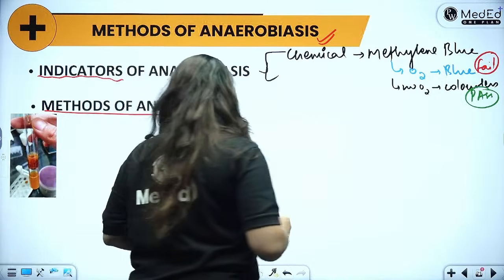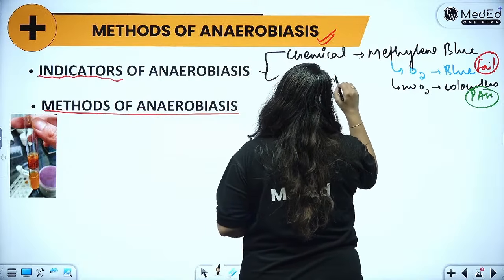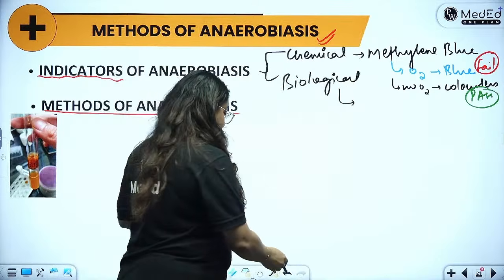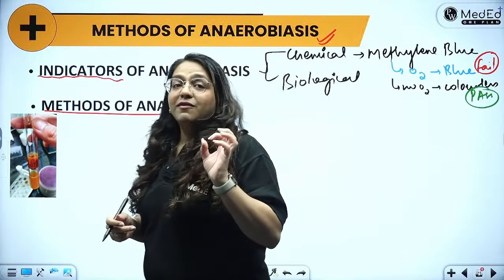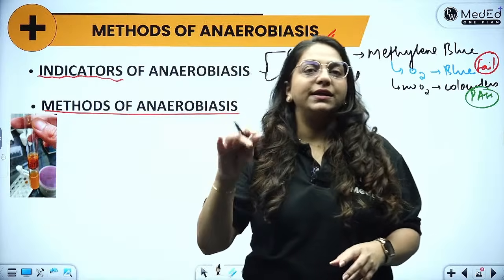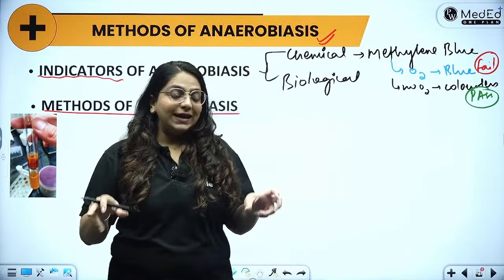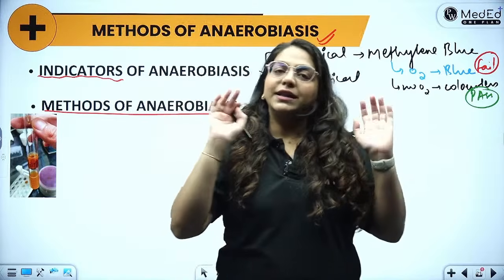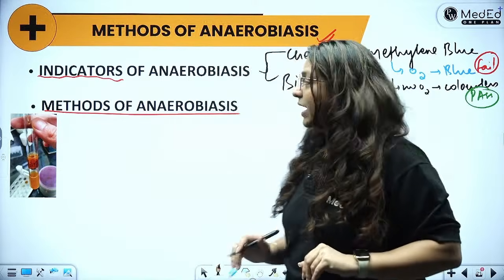Then the other method is called the biological indicator. If I have succeeded in achieving perfect anaerobic conditions inside the jar, obligate aerobic bacteria should not be able to grow, because obligate aerobic bacteria need 21% oxygen, right? So if an aerobic bacteria is in fact growing inside that test tube or that jar, that means anaerobic environment was not there, some oxygen was coming from somewhere. So who is that guy?